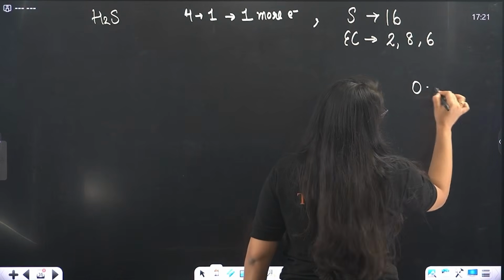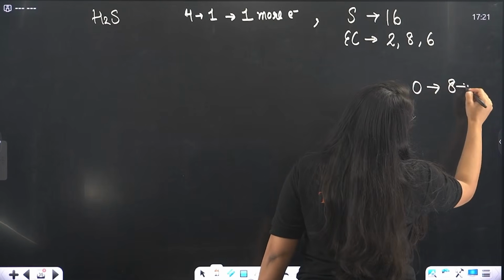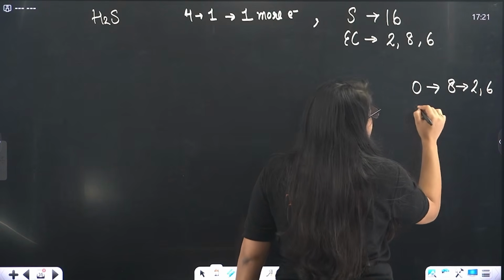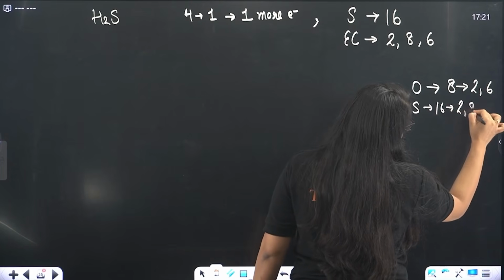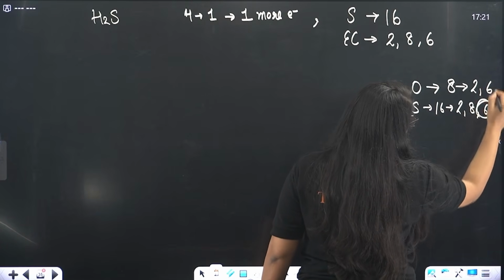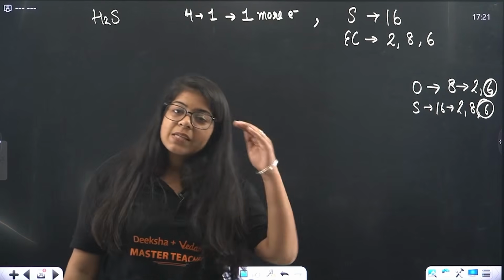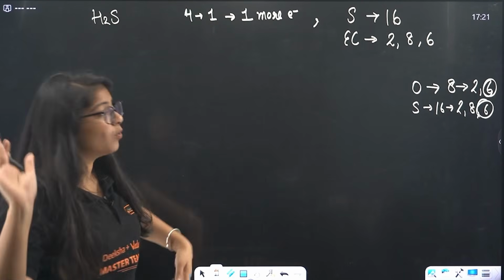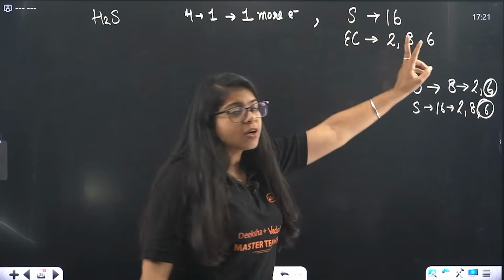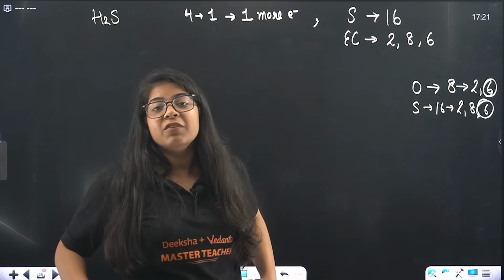Oxygen has atomic number 8, so its configuration is 2 and 6. Sulfur has atomic number 16, and its configuration is 2, 8, 6. See, the last number is the same, so they are in the same group of the periodic table. Just some extra information, ignore if you don't understand. Just remember the atomic number of sulfur is 16 and its electronic configuration is 2, 8, 6.